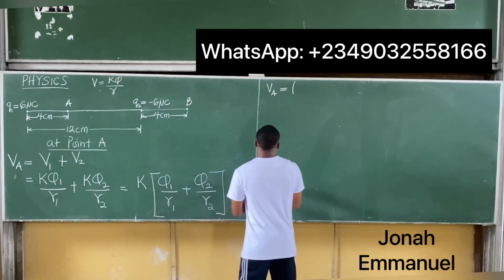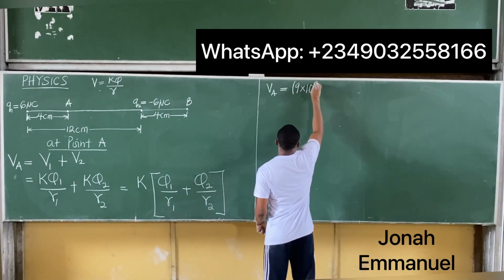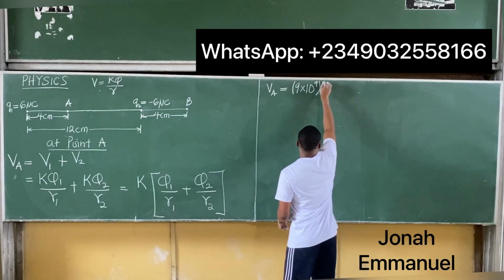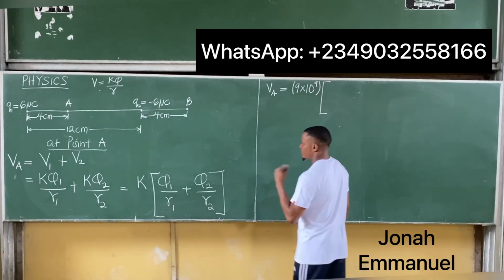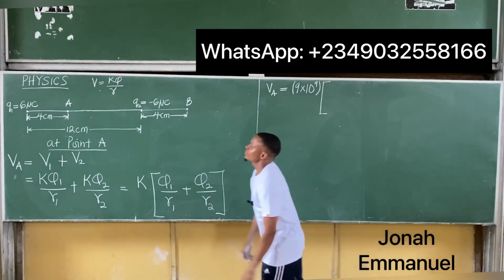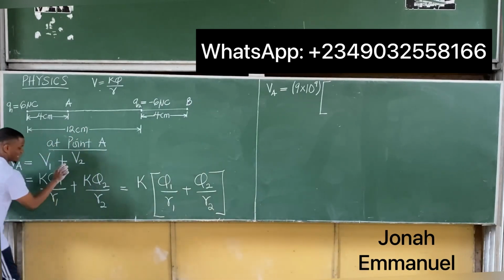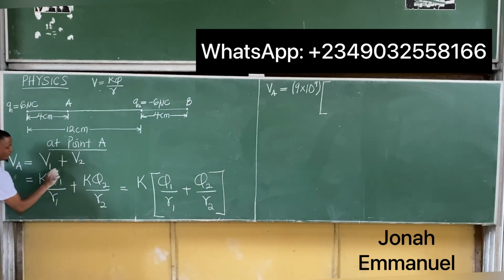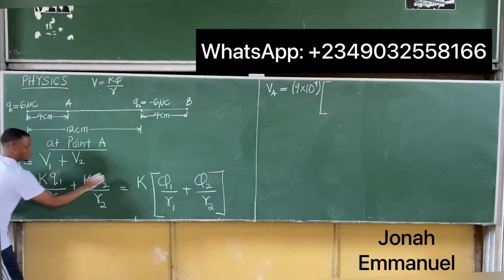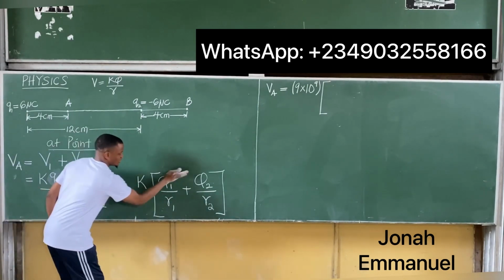That means V at A is equal to k, 9 times 10 to the power 9, multiplied by q1 over r1. Oh, sorry, they are using small q. Well, the same thing. Let me just use their own abbreviation, small q.